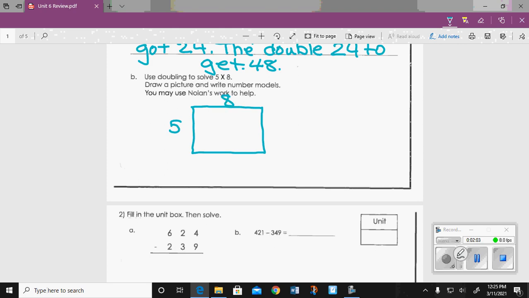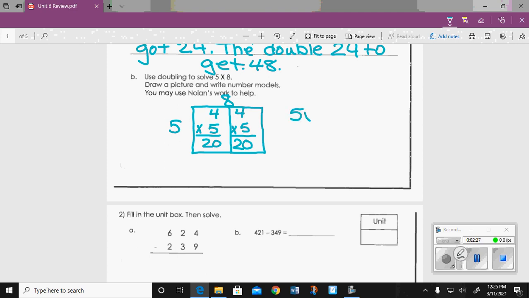Remember, with doubling, we want to find an even number, so that would be my 8. And I would do 4 here and 4 here, which would give me my 8. And then 4 times 5, which would equal 20. And 4 times 5 would equal 20. Okay? And then 20 plus 20 would equal 40.